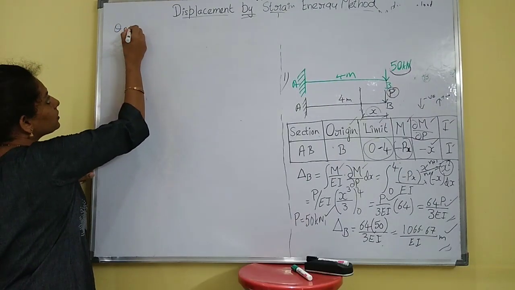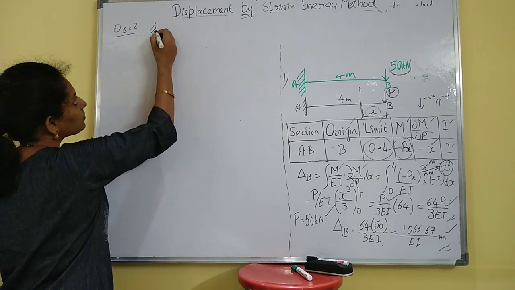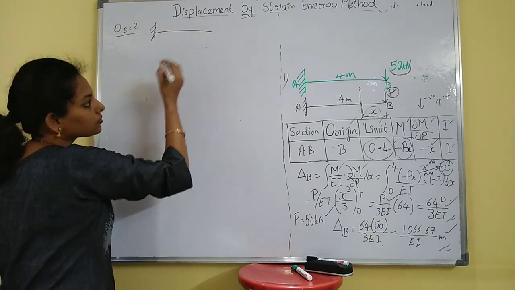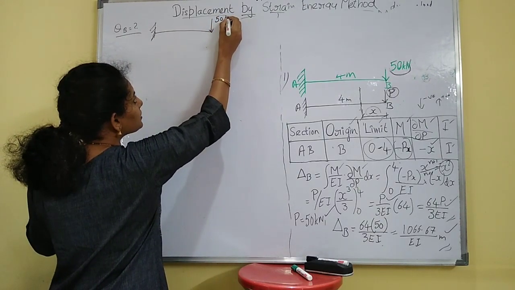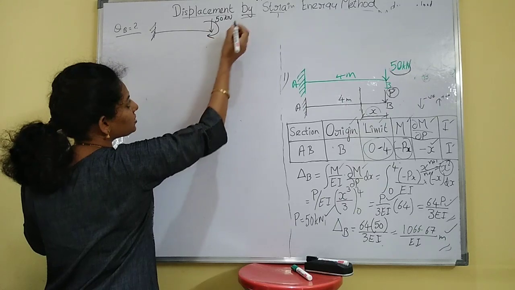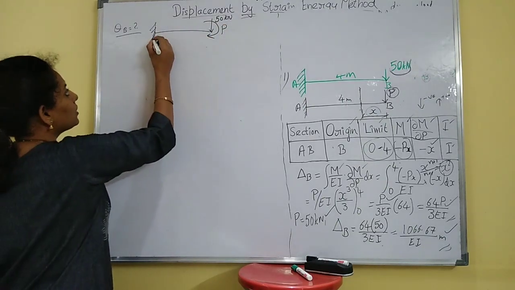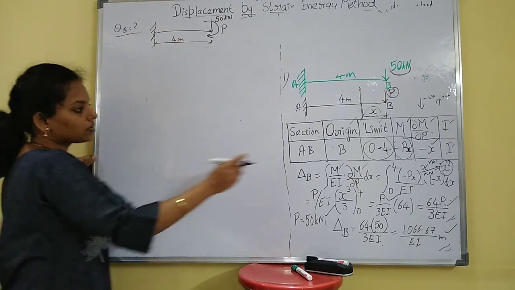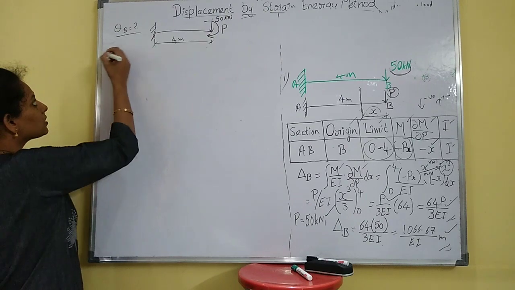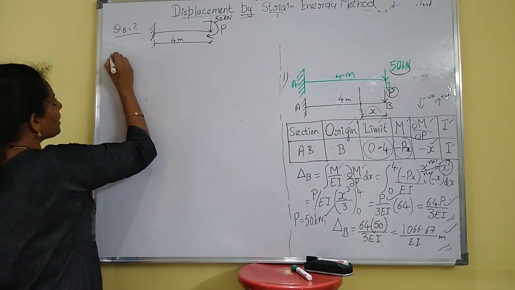Next, to find out theta B, the diagram will be this. For theta B, you have to consider this rotation. Just assume this rotation has P kilonewton meter. Now find out M for the AB section.